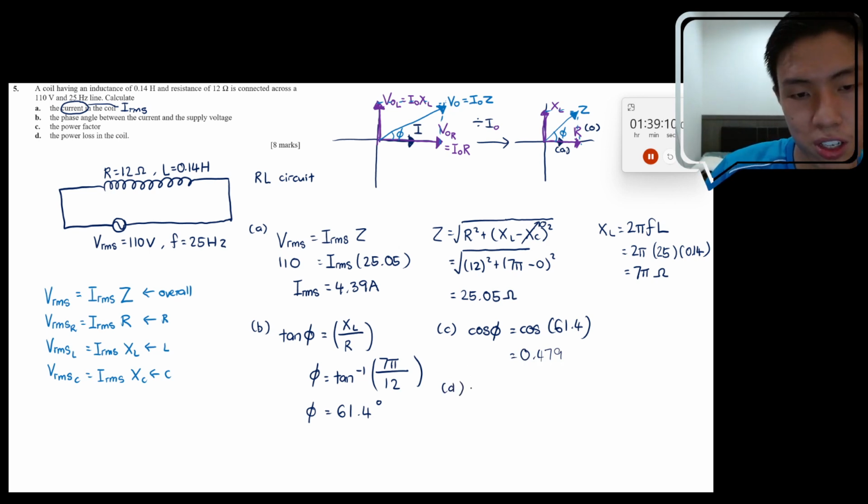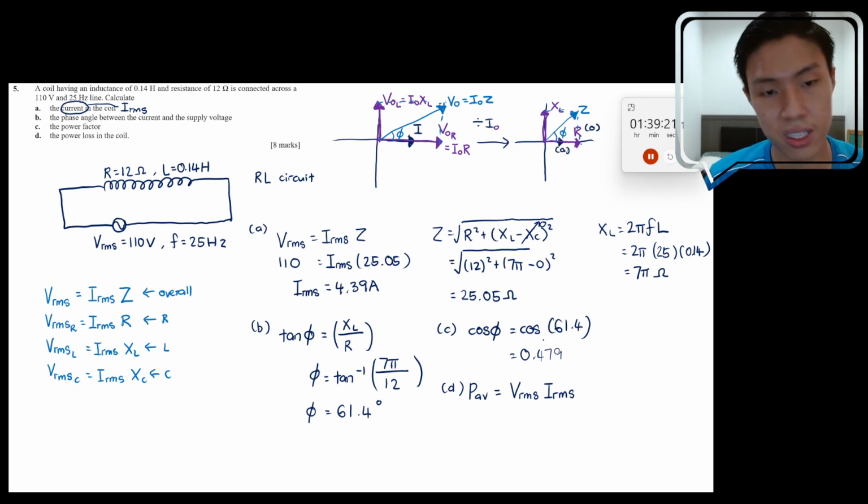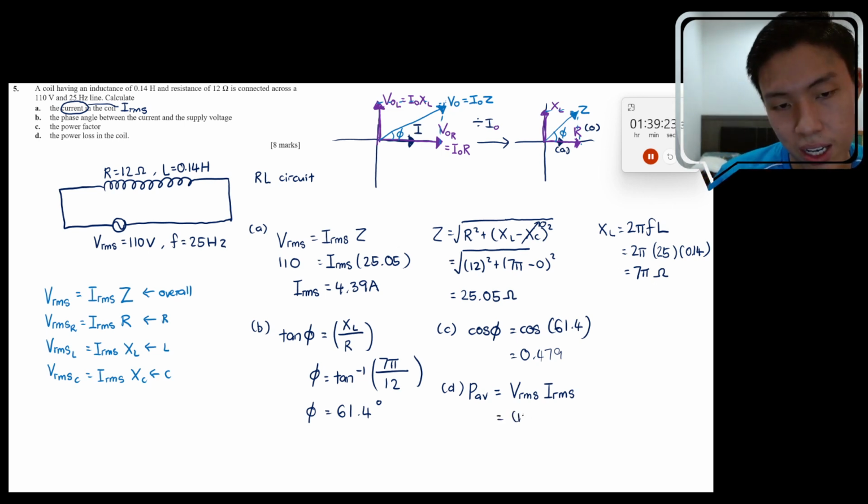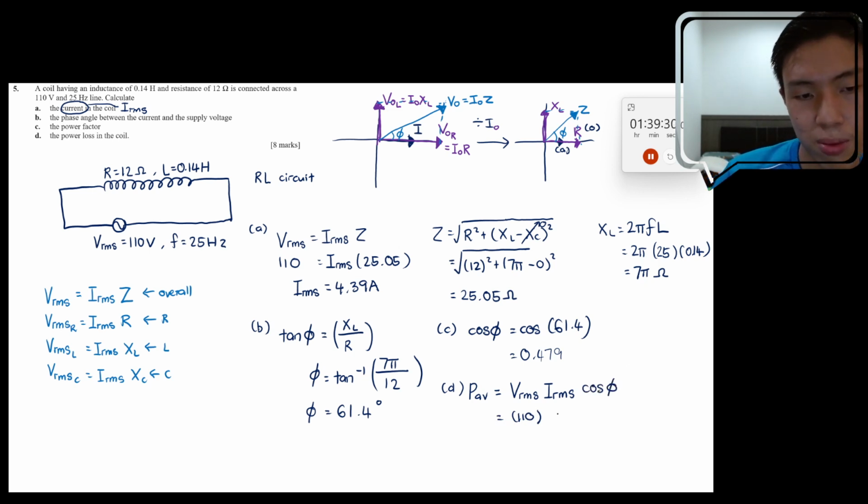Last question, power loss. Power loss usually happens because there's resistance inside, so you can calculate it using VRMS, IRMS, and cos phi. Don't forget the cos phi. So 110 multiplied by IRMS 4.39 multiplied by cos phi, where phi just now is 61.4.